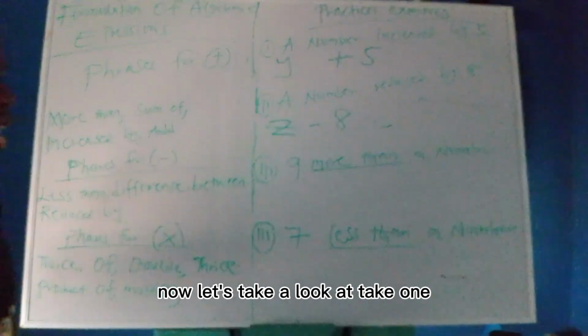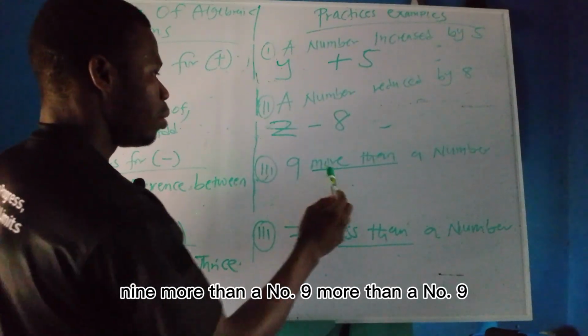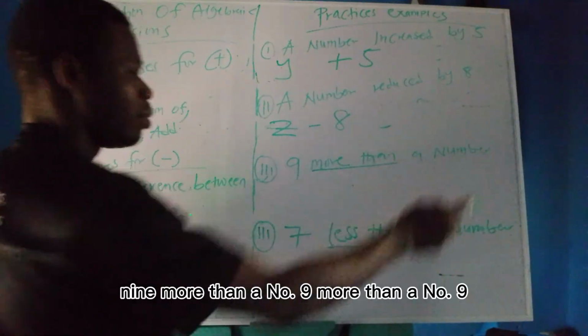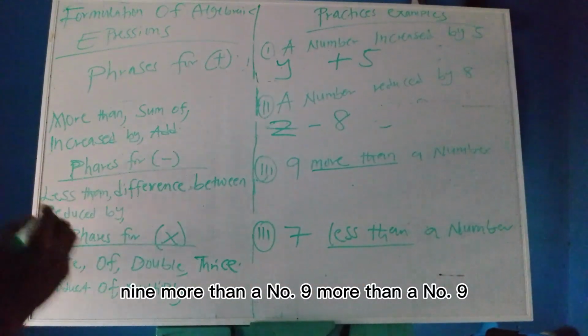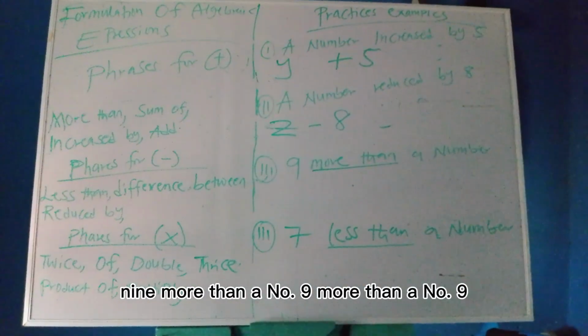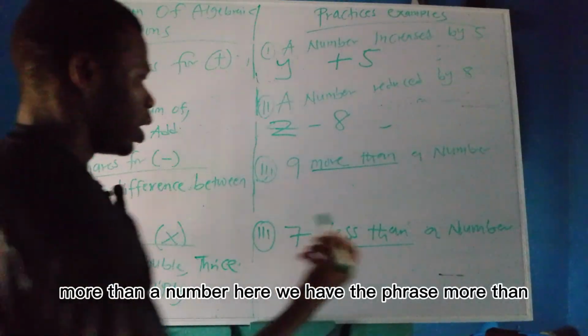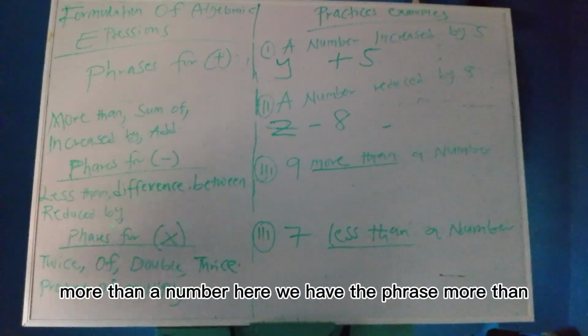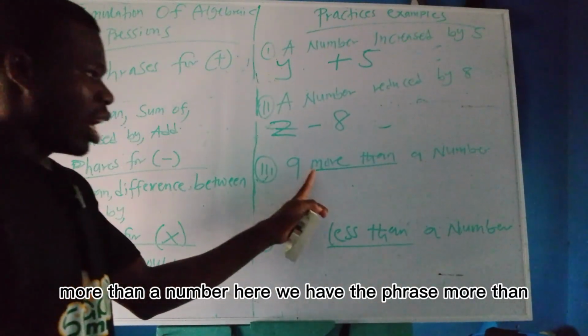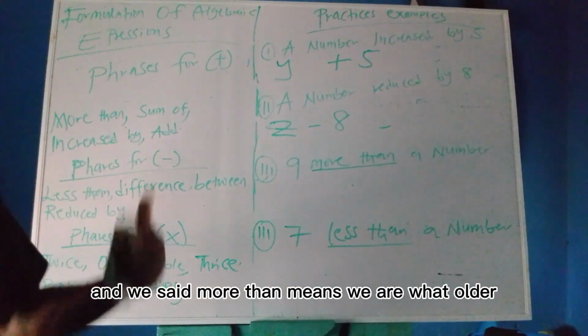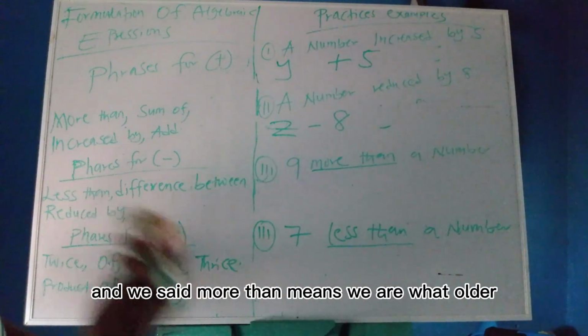Let's take a look at the third one. 9 more than a number. Here we have the phrase more than, and we said more than means we are adding.